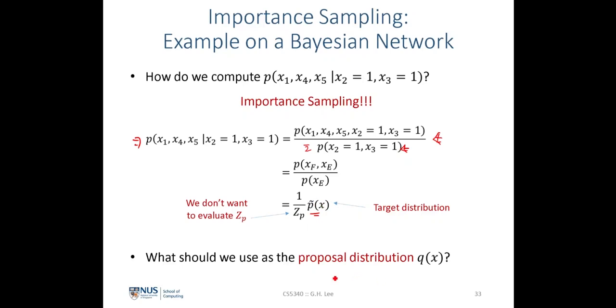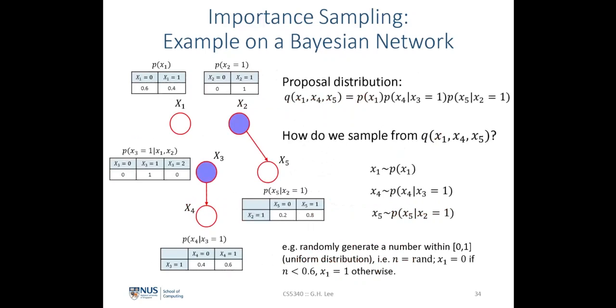The question now is: what should we use as our proposal distribution? There's actually no fixed way of selecting a proposal distribution. You can use any proposal distribution, by taking any slice of the probability distribution table that is given together with the graphical model as your proposal distribution.